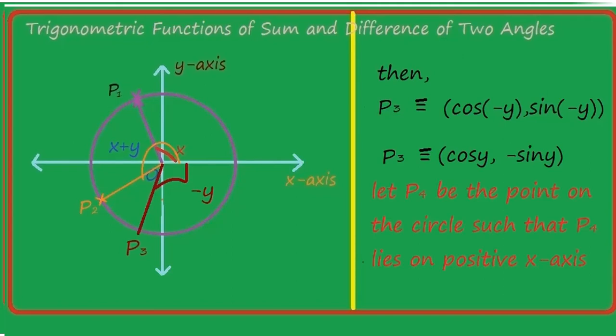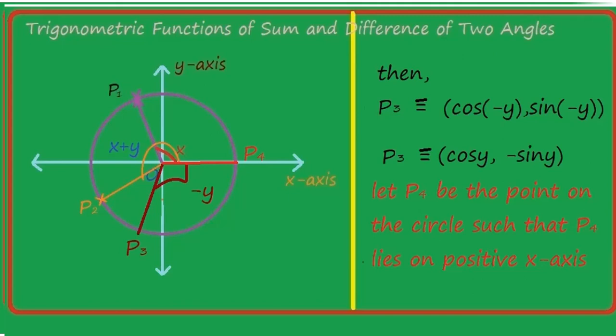Now you take a point P4 on the circle such that P4 lies on the positive x-axis. It should be a point on the circle and on the positive x-axis, and you can guess the position of the point P4, and this is the position of the point P4. And now we have 4 points on the circle: P1, P2, P3 and P4.